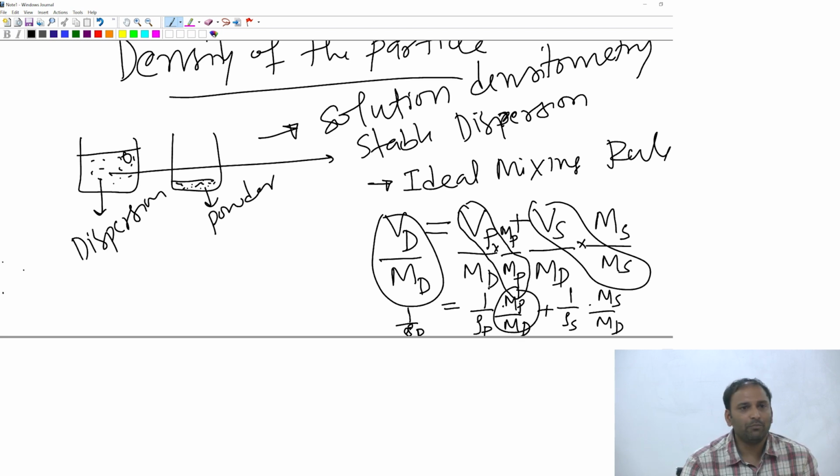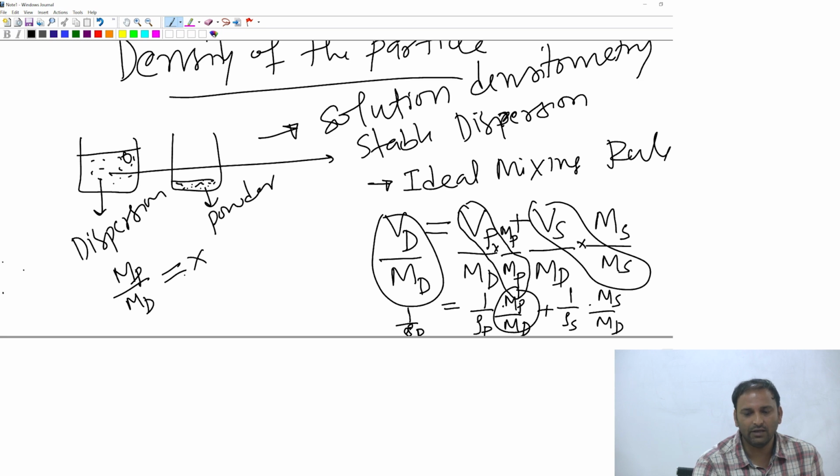Now, MP by MD, this term, is the mass of the particle divided by the mass of the dispersion. So I can define it as X, which is the mass fraction of particles in the dispersion.